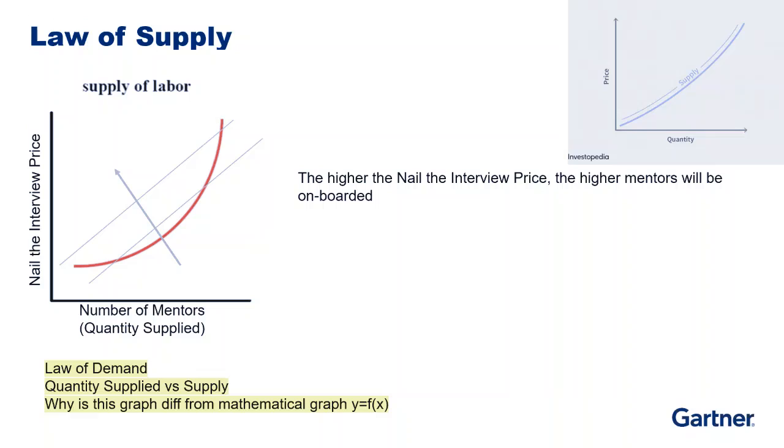So if my course is at 10,000, a lot more mentors will join and teach the GDPI course. So the quantity supplied of mentors will go up if I increase the price of the course. That is what the law of supply is, and you need to know the difference between quantity supplied and supply as well.